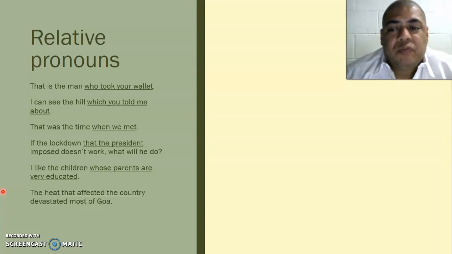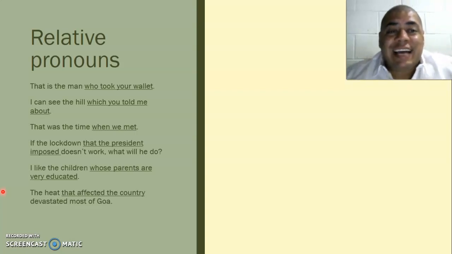Now, in all of these sentences we have relative clauses. The relative clauses are underlined over there. Now, remember that I told you a relative clause provides extra information about a noun. So, in the first case, that relative clause gives me extra information about the man.